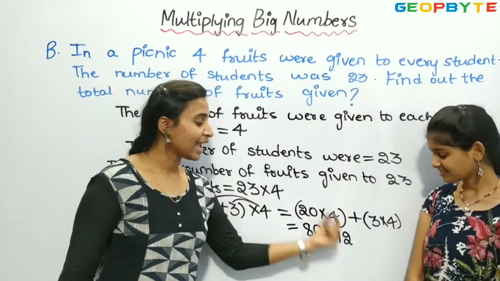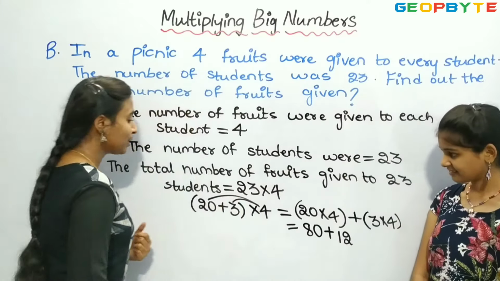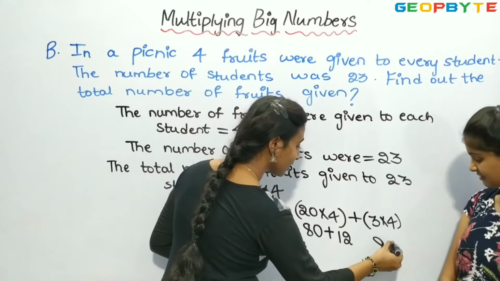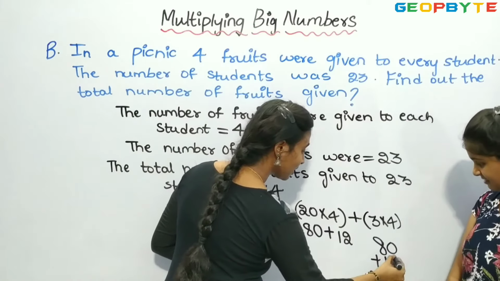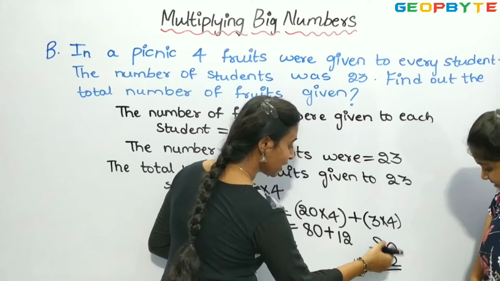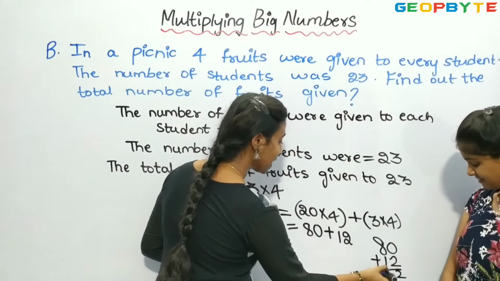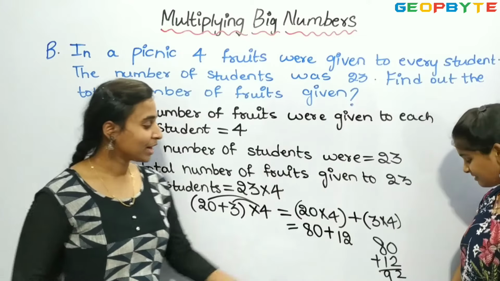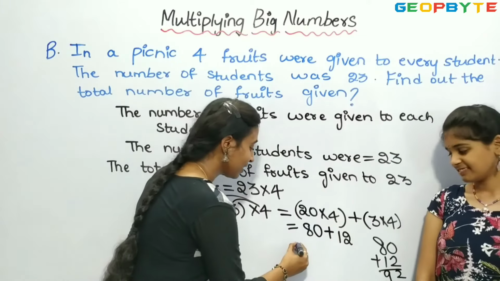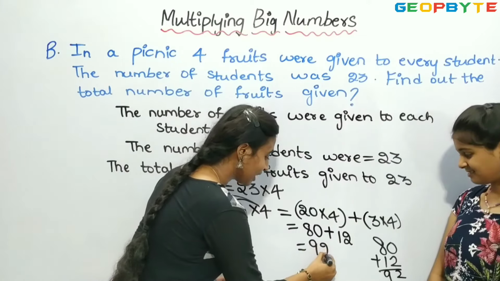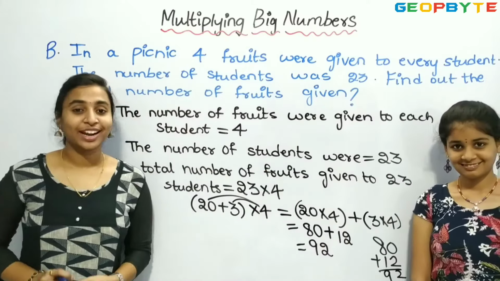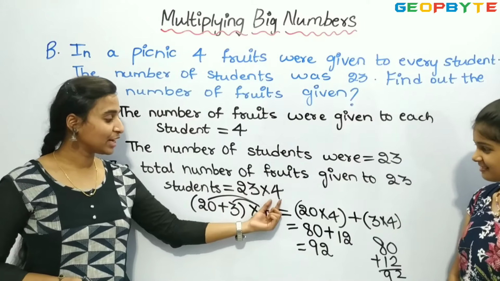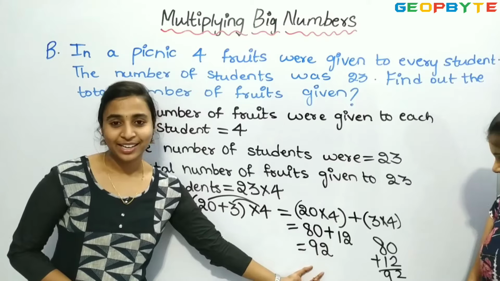So children, 80 plus 12. 2 plus 0, 2. 8 plus 1, 9. So 80 plus 12 is nothing but 92. So children, when we multiply 23 into 4, we got 92.